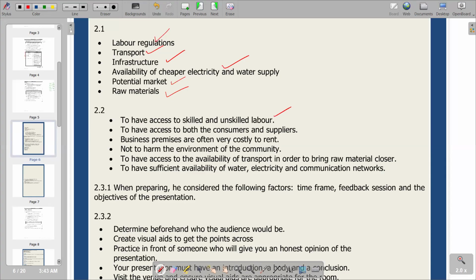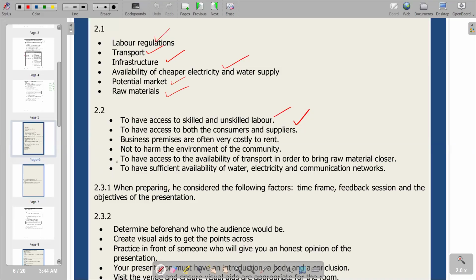So the location that you choose can also make you have access to both the consumers and suppliers. So it's also an importance of the location. So this also, we can consider it as an appropriate response according to the question that we have.